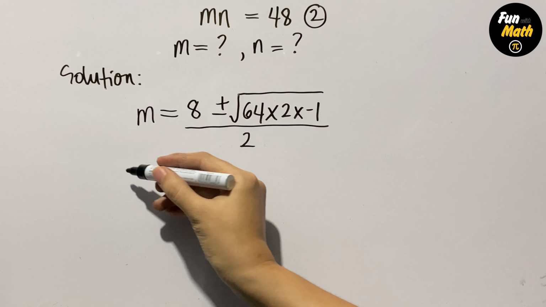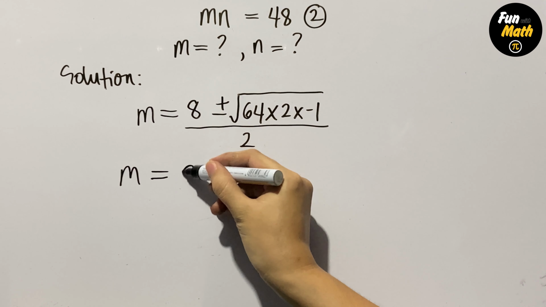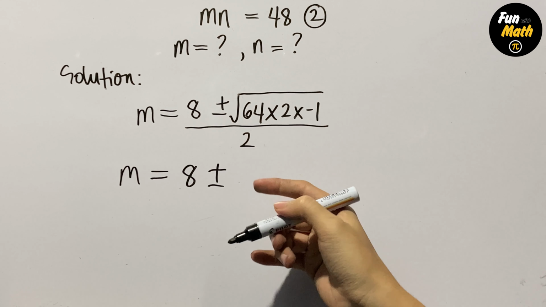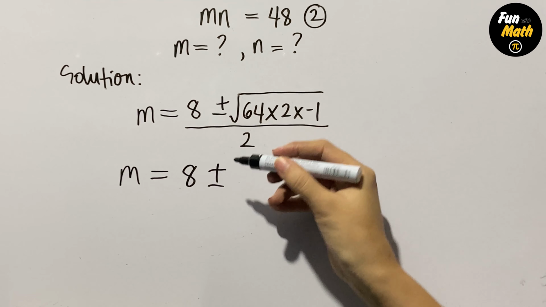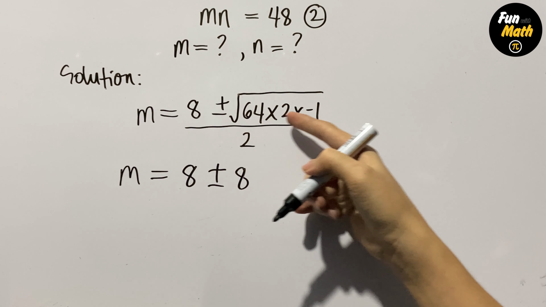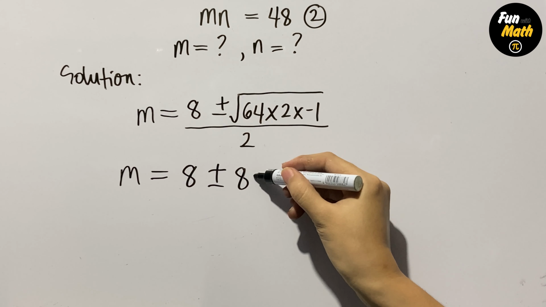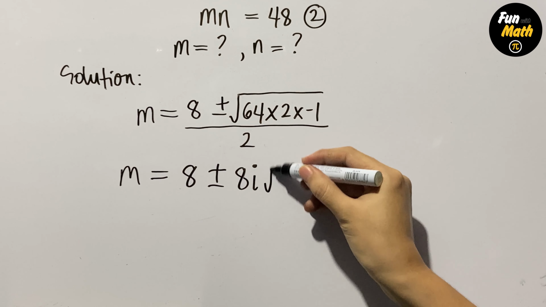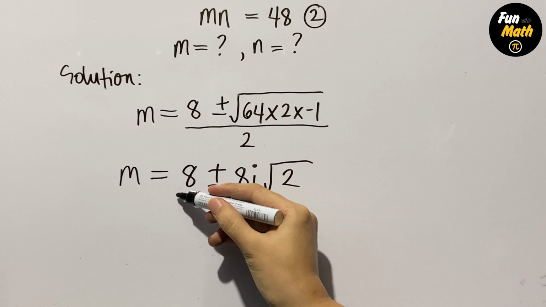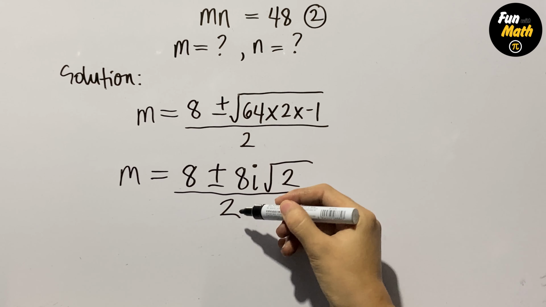And then moving on, m is equal to 8 plus or minus the square root of 64, that is 8, the square root of negative 1, that is i, and then the square root of 2, all over 2.